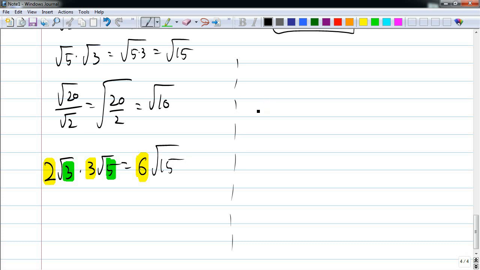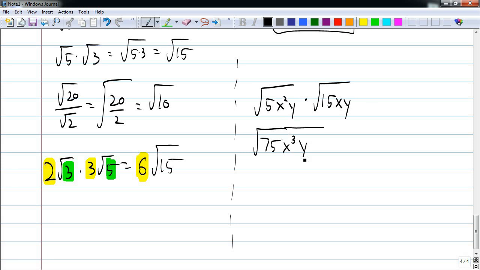If I have something like square root of 5x squared y times square root of 15xy, once again, I multiply what's under the radical. So the 5 times the 15 is 75. X to the second times x is x to the third. Y times y is y squared.